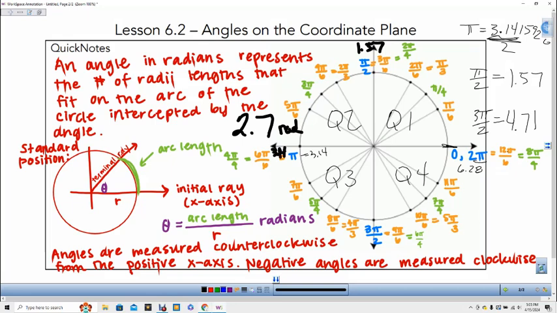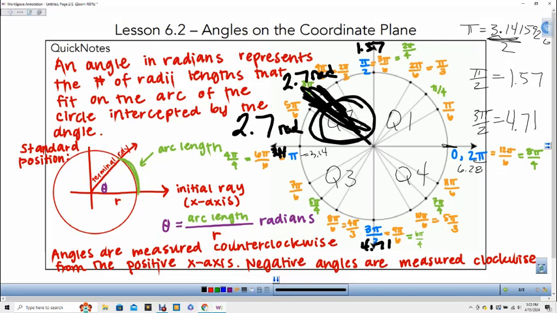Or is it going to fall between 3.14 and 4.71? Or 4.71 and 6.28? Well, of course, hopefully you know it's going to fall between 1.57 and 3.14. So somewhere in here, we're going to have a measurement of 2.7 radians. So it's going to fall in quadrant 2.